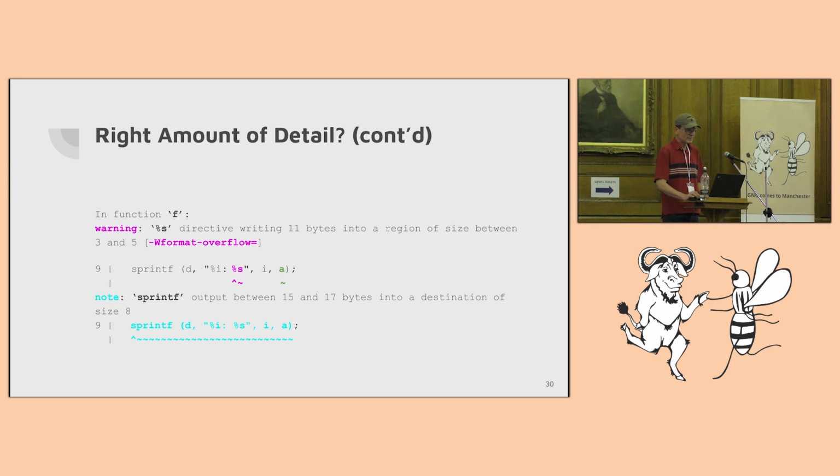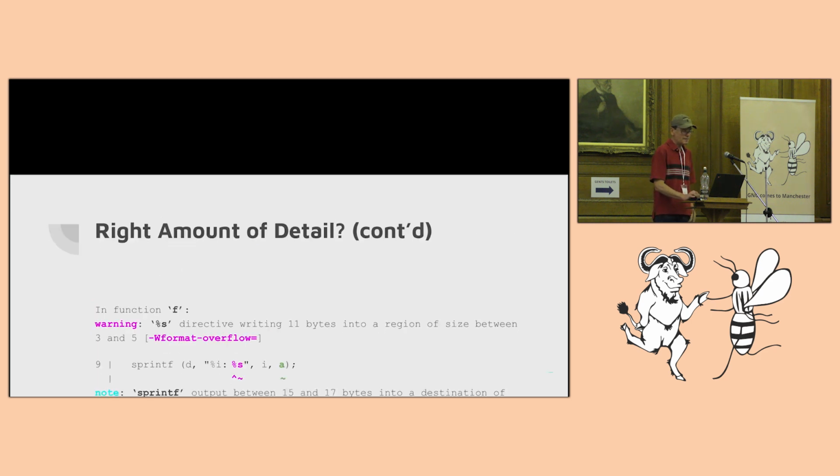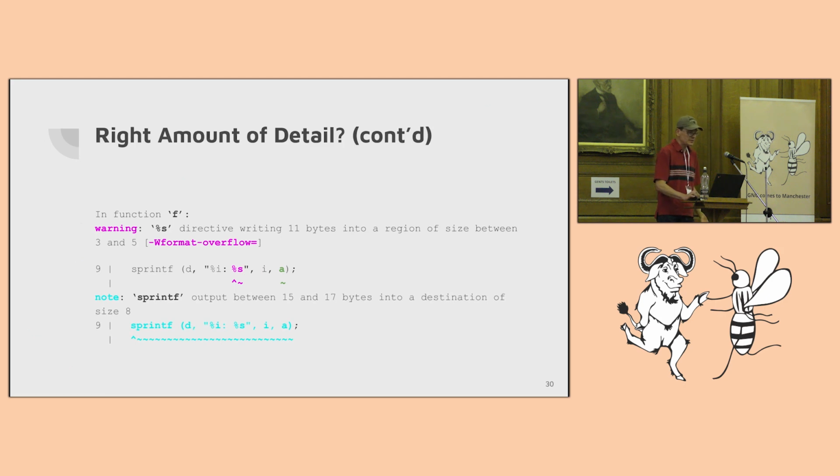It certainly describes the amount of data that's being written into the region, the size of the region, the overall amount of output. I think there is still room for improvement here, and I know David has been working hard to come up with various ways to maybe even visualize this in some kind of a graphical form, maybe ASCII art, to improve the error message.